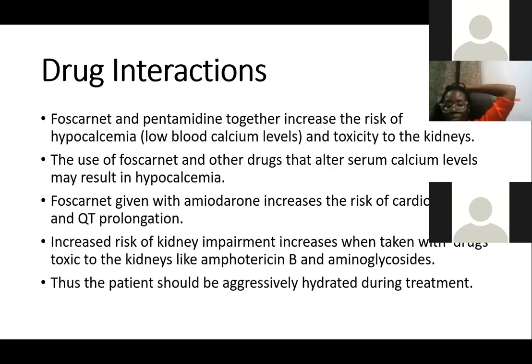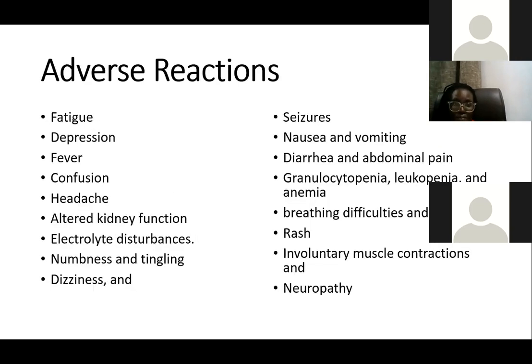Then when you give it with medications that are toxic to the kidney, like amphotericin B and aminoglycosides, that is also a problem. And so with these patients, because of the risk of damage to the kidney, you have to hydrate them aggressively so that they flush the medication quickly out of the system. There are lots of adverse reactions.